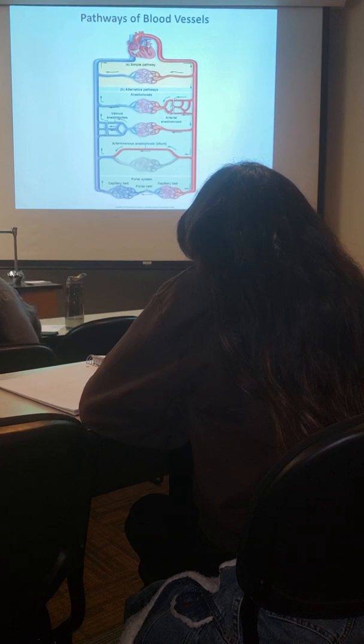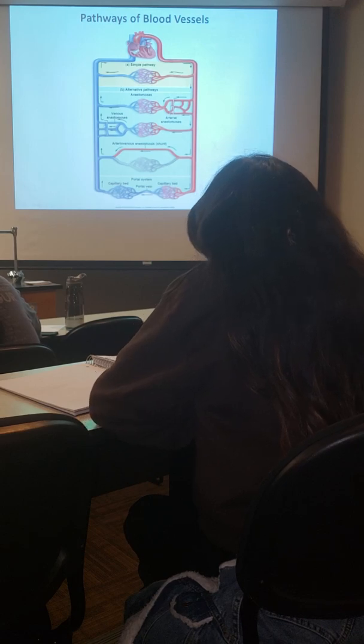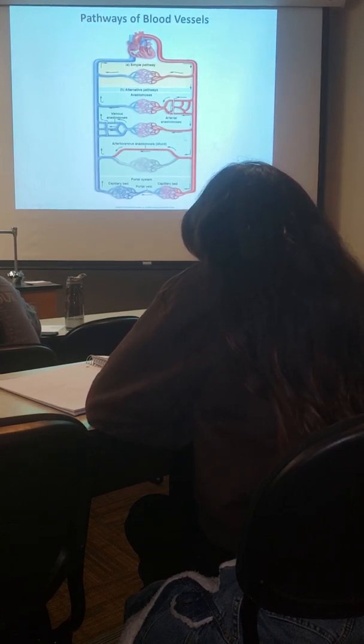So what they're going to do is they're going to activate these shunts right here. They're going to bypass the stomach. It's going to bypass the kidney or whatever, and it's going to go back to circulation and go where it needs to. Does that make sense? Okay, so it's basically ways to direct blood where you want it to go.